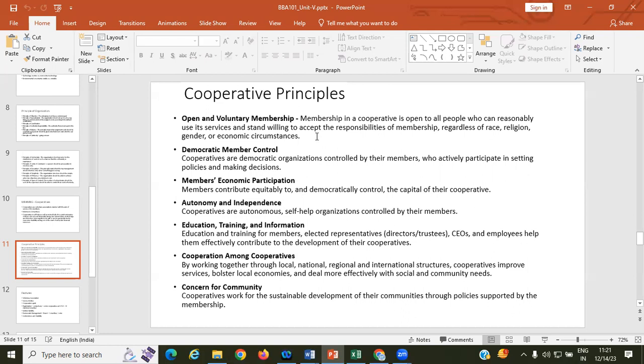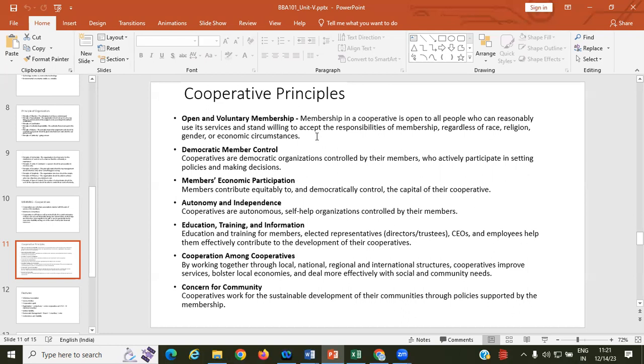Suppose you don't know anything about your society's target or objectives, so you cannot present properly all your objectives, all the motives of the organization. So that kind of attitude, training, and education is required for the whole movement.